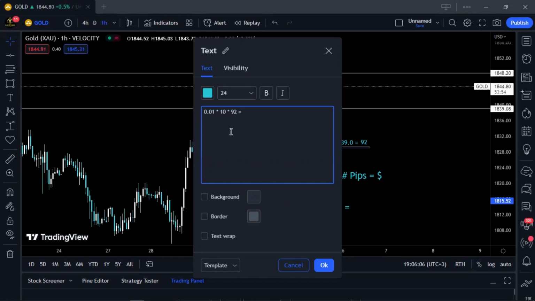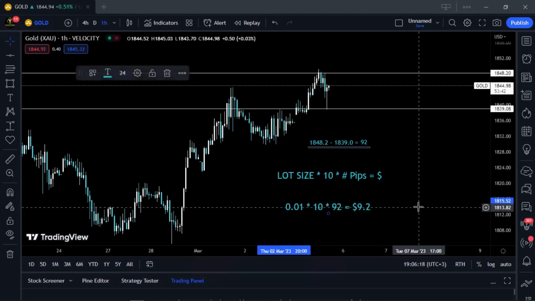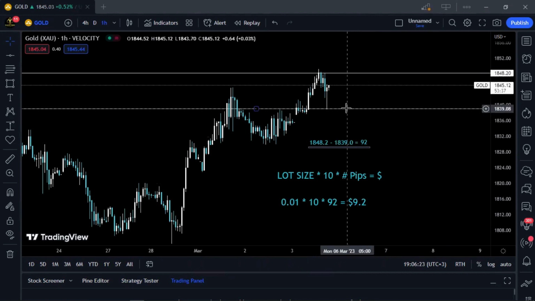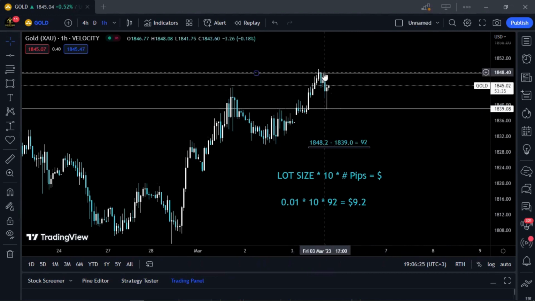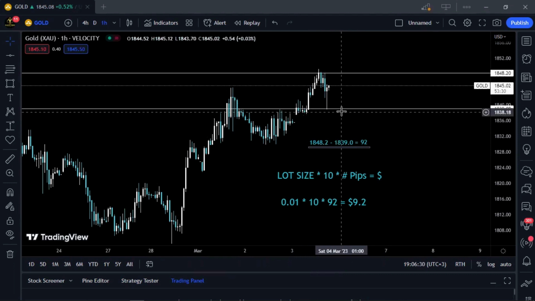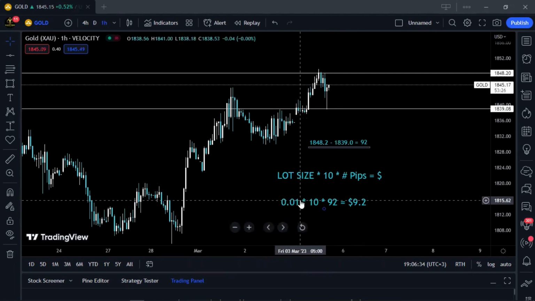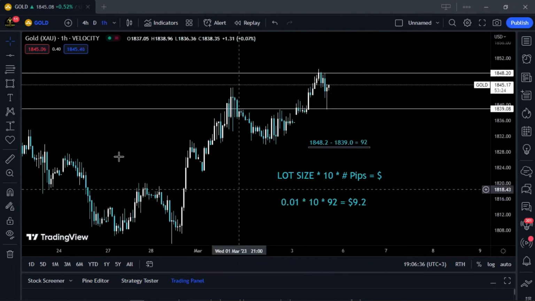Obviously, the 10 will cancel out the 0.1 here, and 92 will take over, so you'll have made $9.2. So the difference from here to here, if you took a 0.01 sell and your take profit was here, was a 92 pip move. With the minimum lot size of 0.01, you got about $9.2.